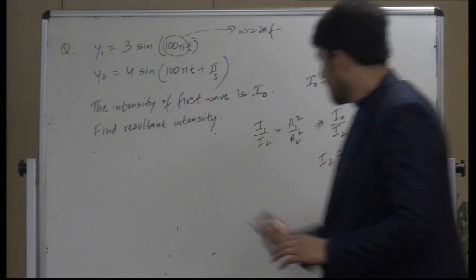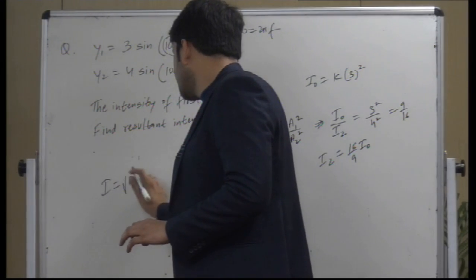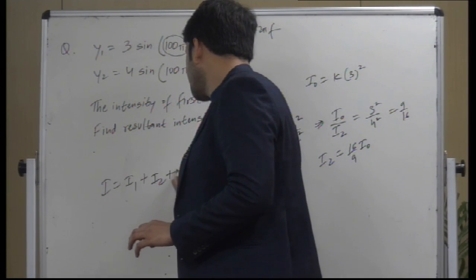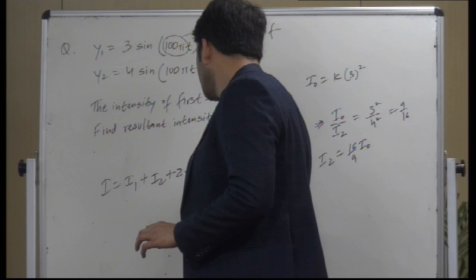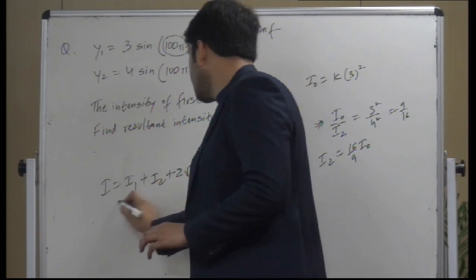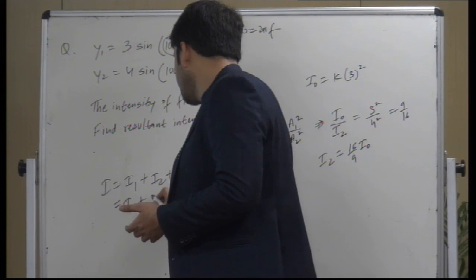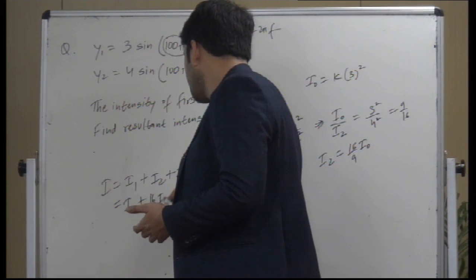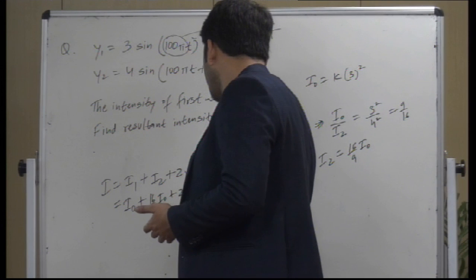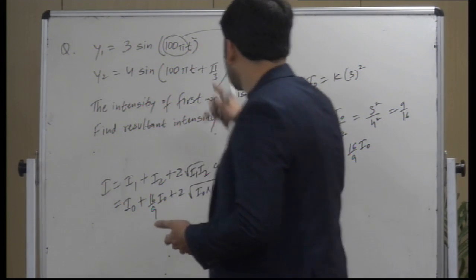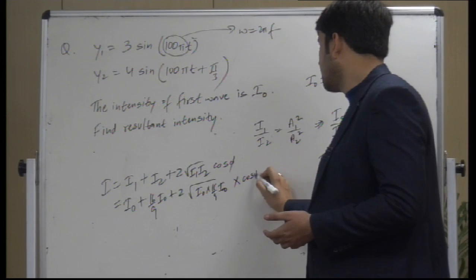The final intensity is I1 plus I2 plus 2 root I1 I2 cos phi. You can use it. I1 would be I naught, I2 would be 16 by 9 I naught, and 2 root I naught into 16 by 9 I naught, and cos pi by 3 is half.